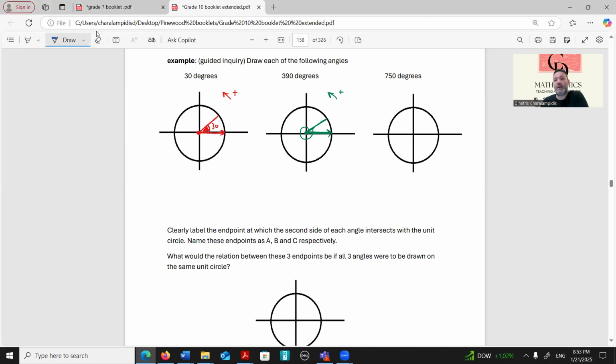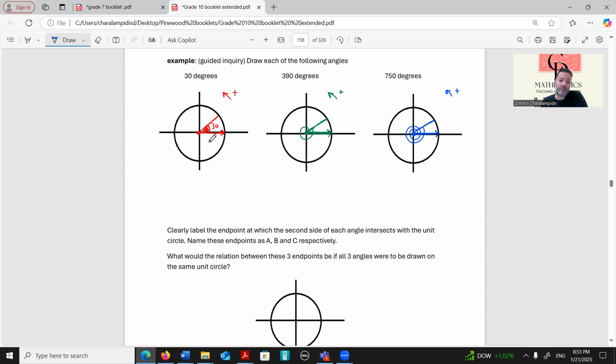Finally, for the angle of 750 degrees, I will once again begin from here and then move in an anti-clockwise manner, as always. I should draw firstly 360, then another 360, which takes me to 720, and then an extra 30, which takes me to 750 degrees.